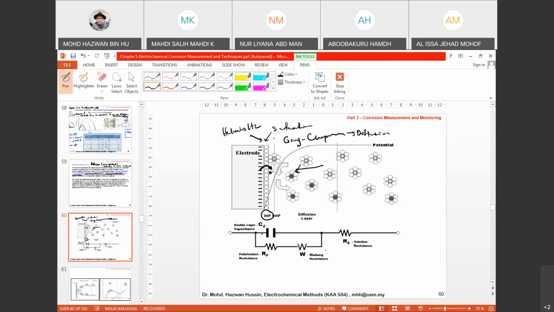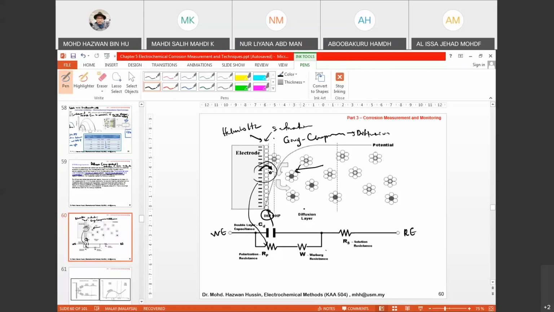So if I translate this into an electrical circuit model, imagine that this is your working electrode and further here is your reference electrode. At the interface between these two, if you have an effect of diffusion, you will still have a charge transfer process, because charge transfer is where the electron is being transferred. Double layer is by the formation of the first layer.